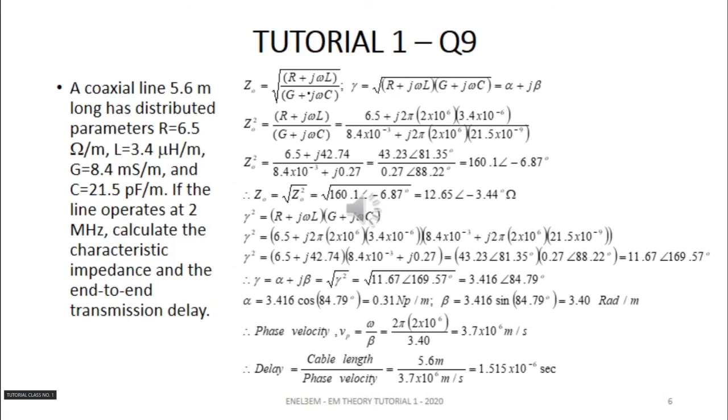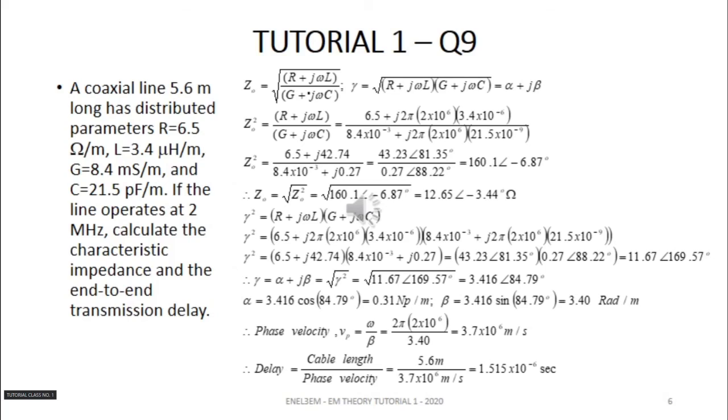Now, therefore, our phase velocity is omega over beta. Now, our omega is 2 pi times the frequency, which is 2 times 10 to the 6, that's 2 megahertz, and you divide this by beta, which is 3.4, and that gives you 3.7 times 10 to the 6 meters per second. So that is the velocity of the signal in this particular line.